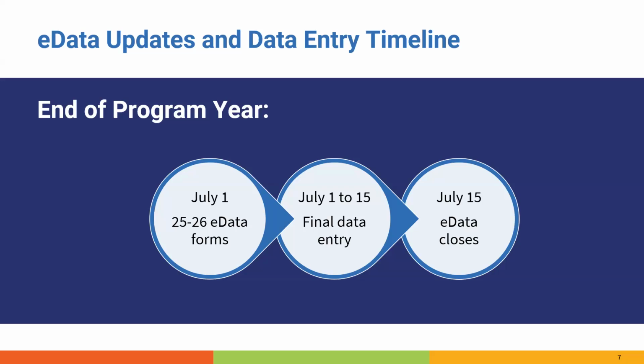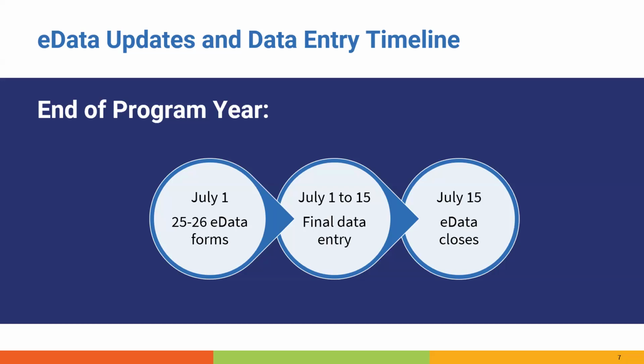July 1st, on the PAIR website, in the eData section under Agency Data Entry Forms, the 25-26 eData forms will be available. Even though you might be doing intakes for folks right now that you're planning to serve into July and August, you should still be collecting that intake information for those adults and putting it into eData, as you've had contact with the individual now.